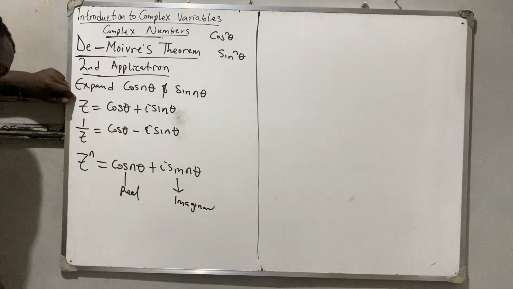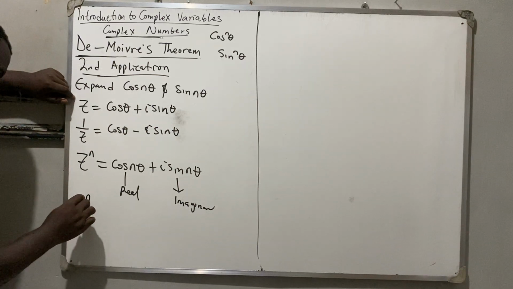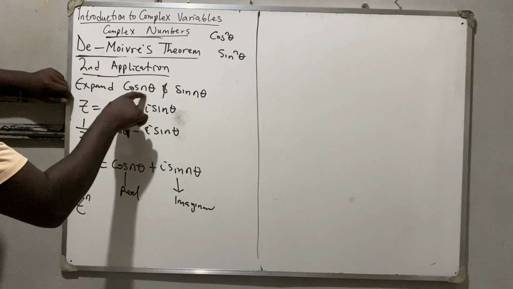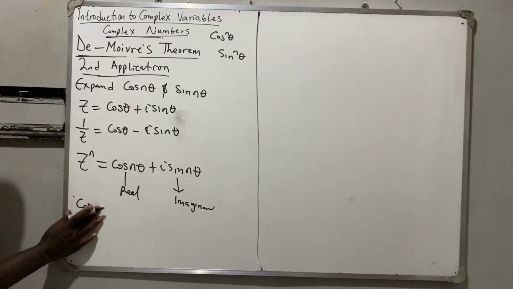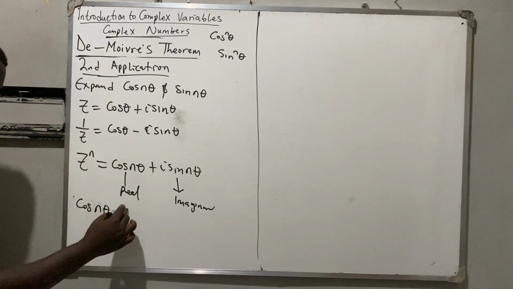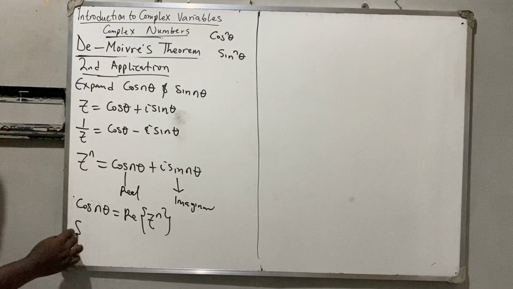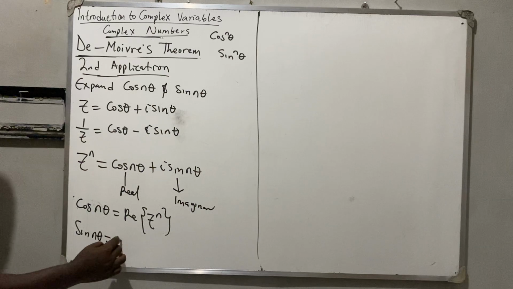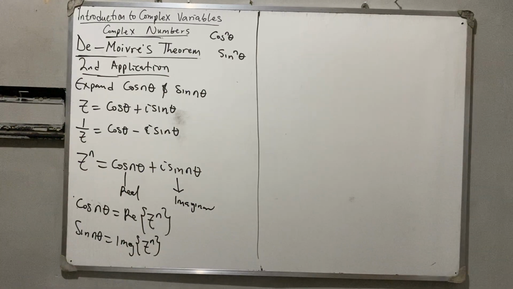So whenever you have z raised to power n, cos n theta is just the real part of z raised to power n, while sine n theta is the imaginary part of z raised to power n. This is basically the two things we need. Okay, so example.